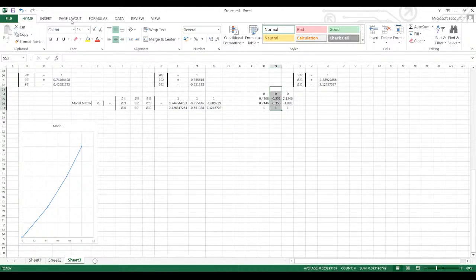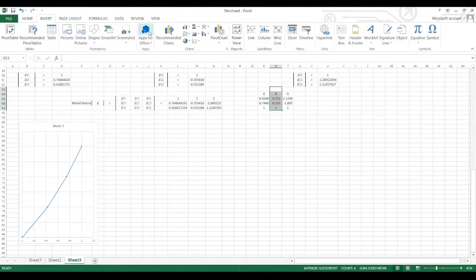Again, for the second modal matrix, insert this. A square is created with this matrix.